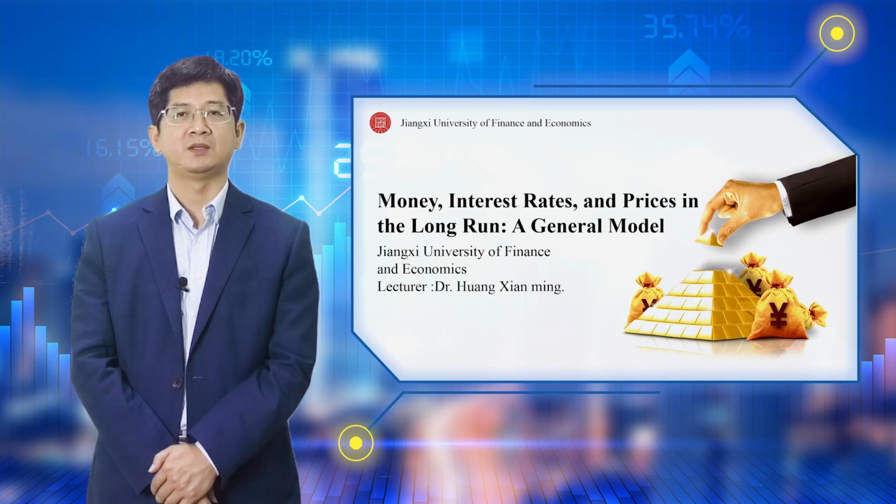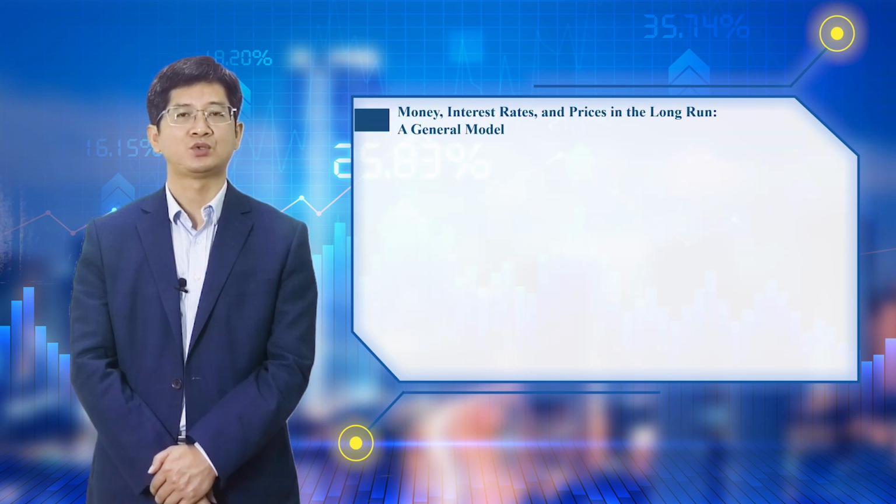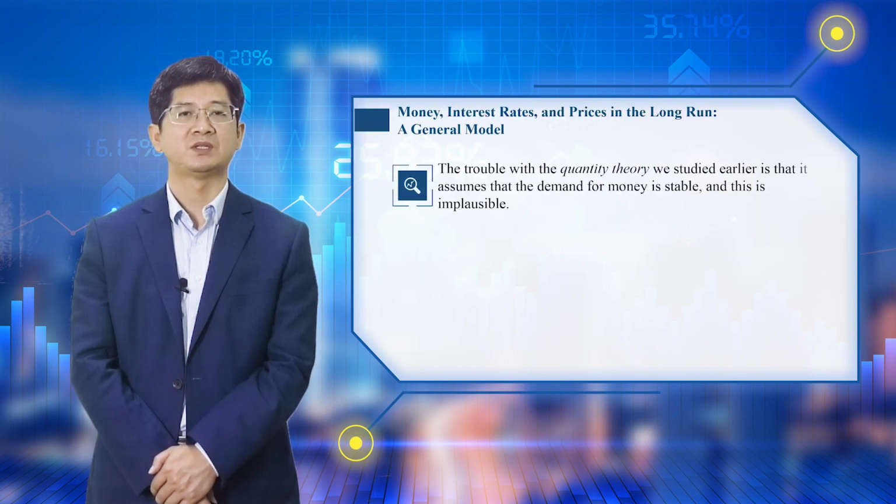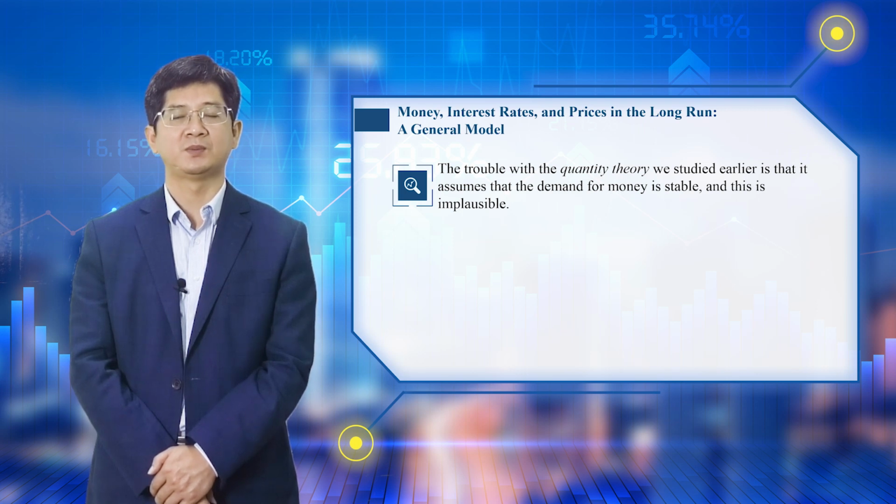Then we discuss money, interest rates, and prices in the long run, a general model. The trouble with the quantity theory we studied earlier is that it assumes that the demand for money is stable, and this is implausible.